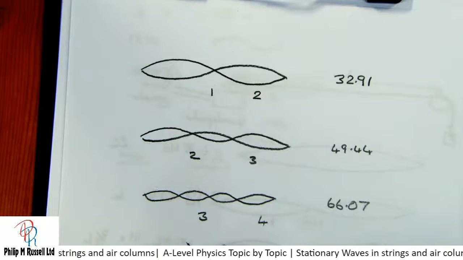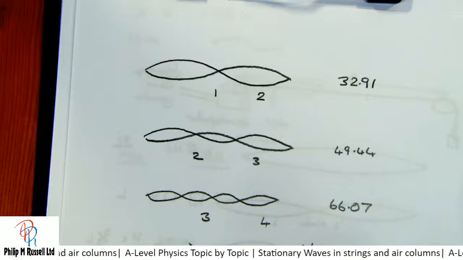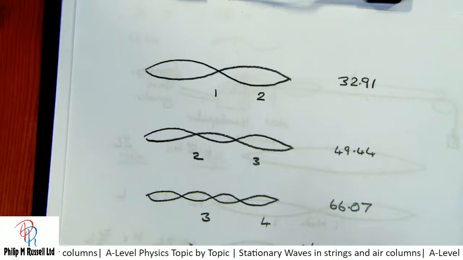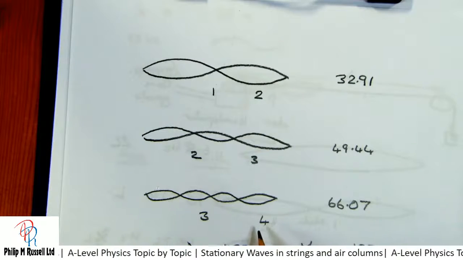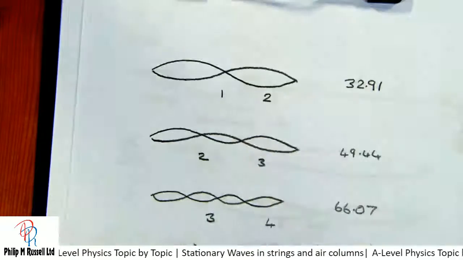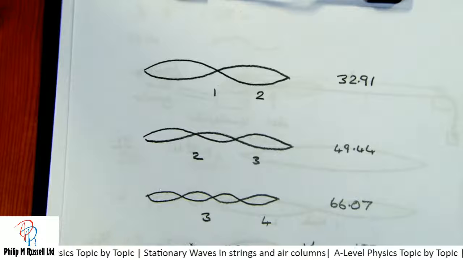This again is 1.38, but the mass I've used instead equals 100 grams, which is going to make the string more taut, and changing that has completely changed all these values.